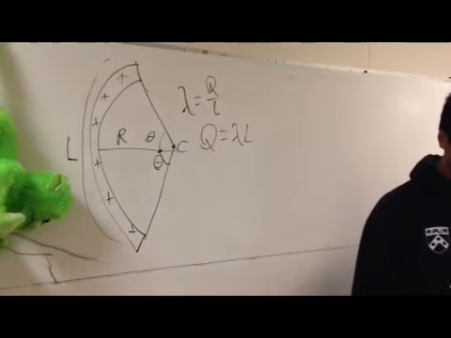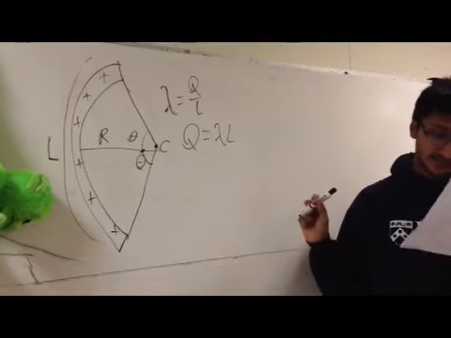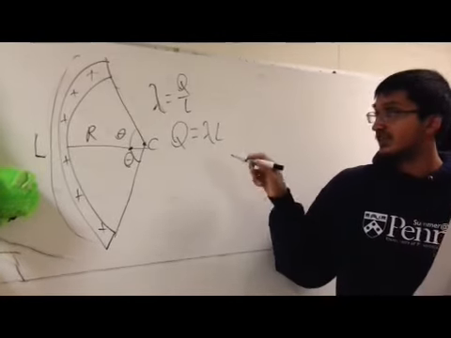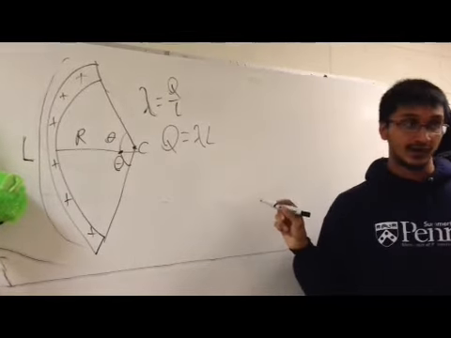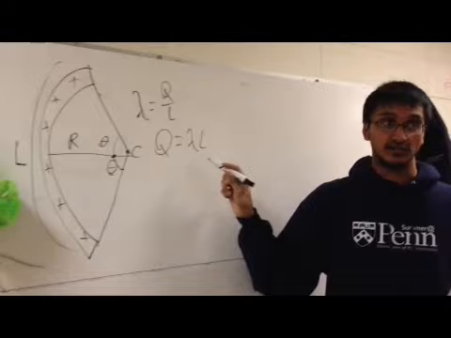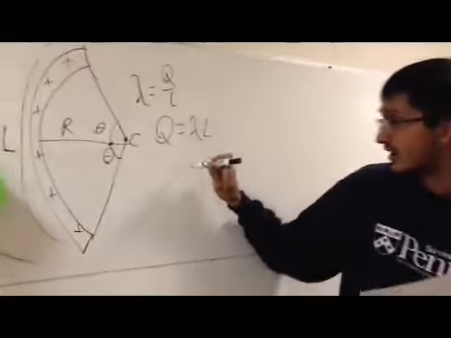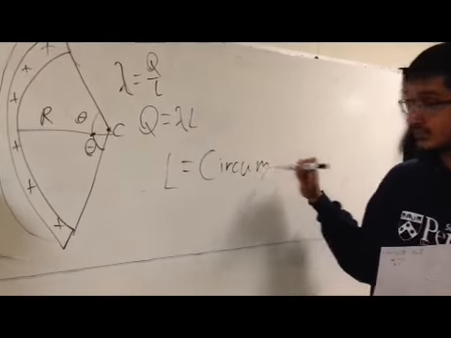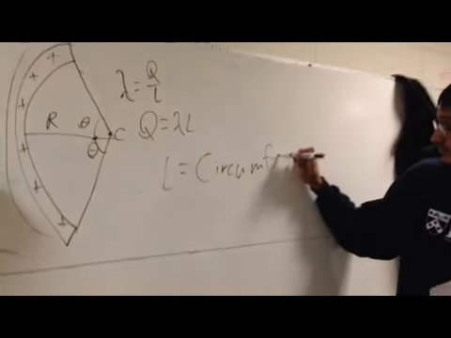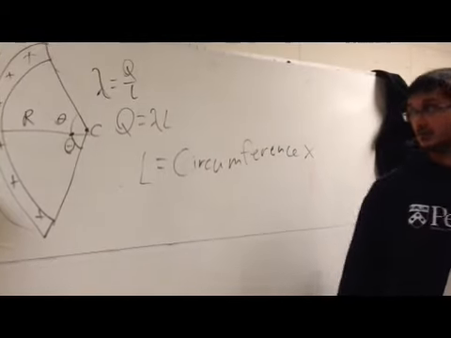For part C, we have to determine the total charge on the rod. We already have lambda given to us, so lambda equals total charge over total length, Q over L. Rearranging, we get Q equals lambda L. Now we have everything except L. L is basically the circumference times the fraction of the angle that creates the arc.